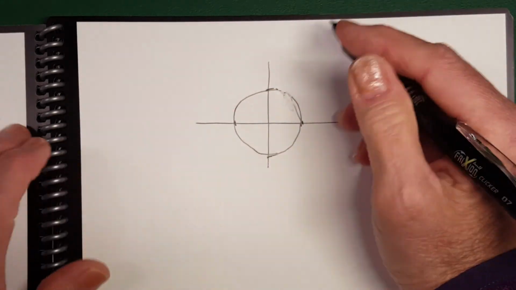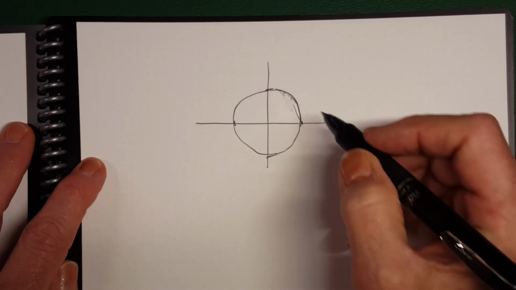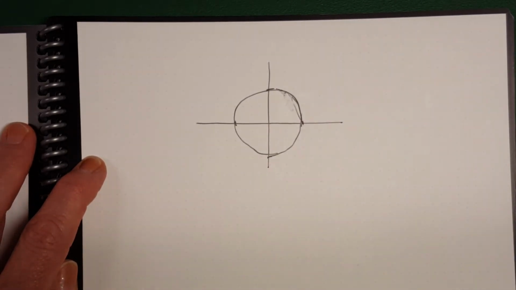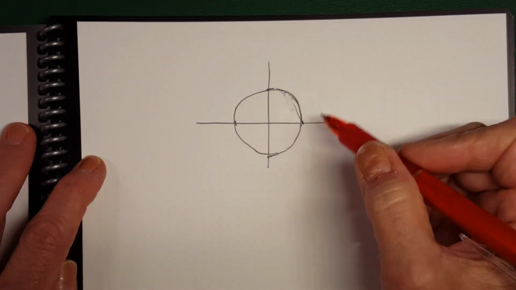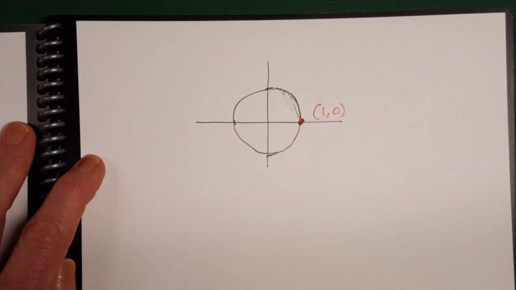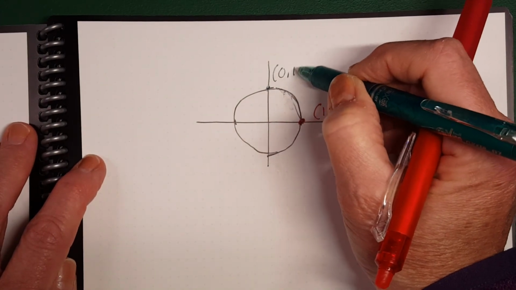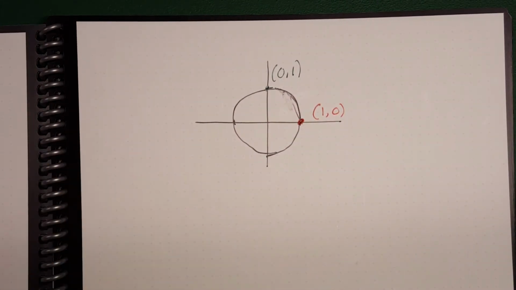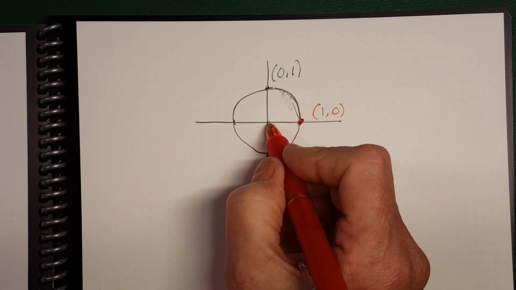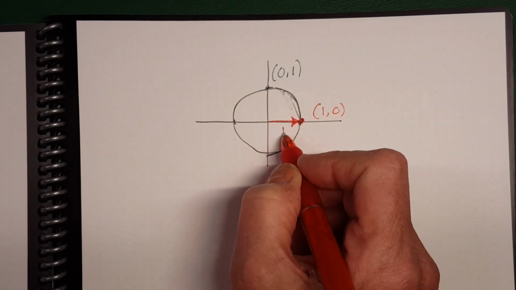And we know that every point on this circle is 1 distance away from the center. So if I was to take this point right here, that's the point 1, 0. And if I was to take this point right here, that's the point 0, 1. And what you should see here is if I was to draw my radius in but put an arrow on it, that's that i vector.